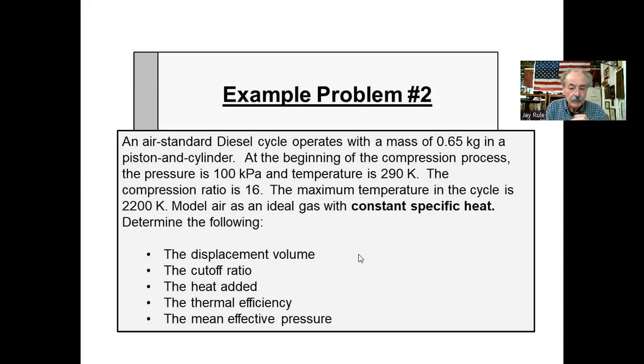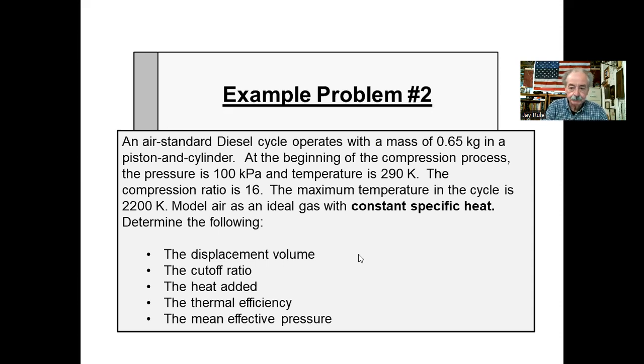Some professors like the constant specific heat model. Some professors like the variable specific heat model. So I'm trying to get you ready for your test, ready for a quiz. So you need to be proficient in using both approaches. Either approach will work, and we're going to compare the numeric results for both of these.